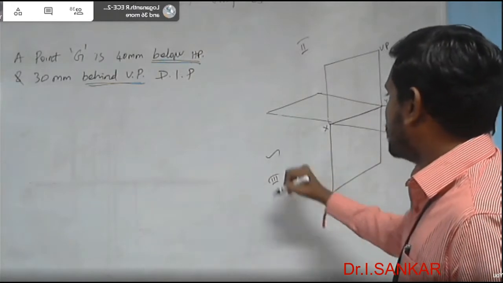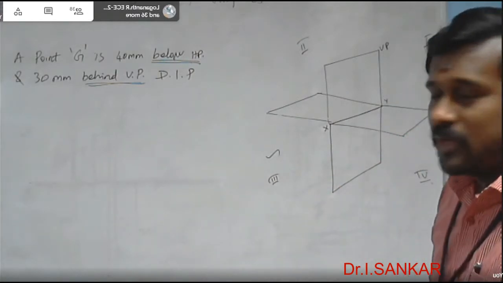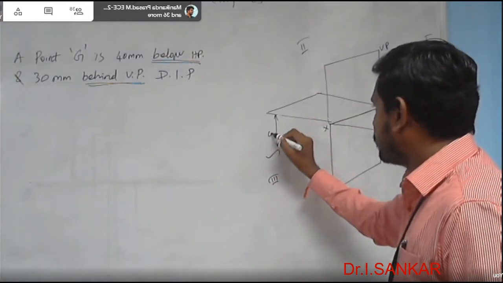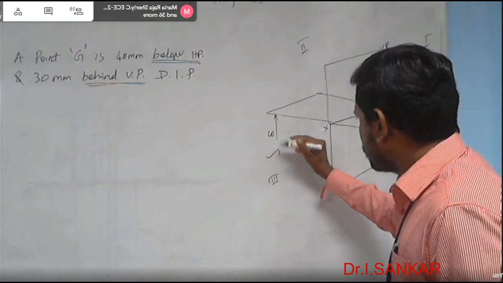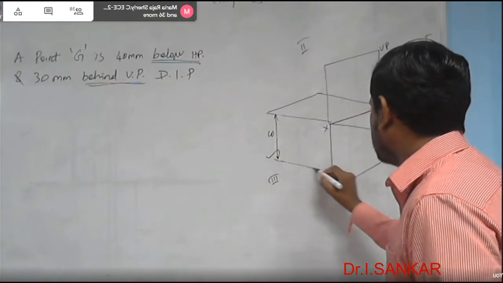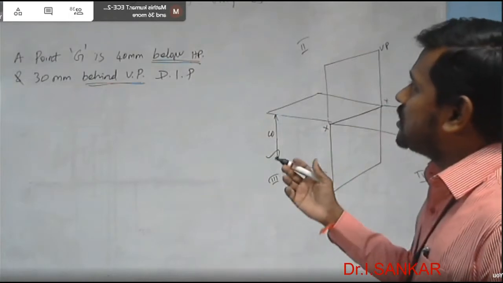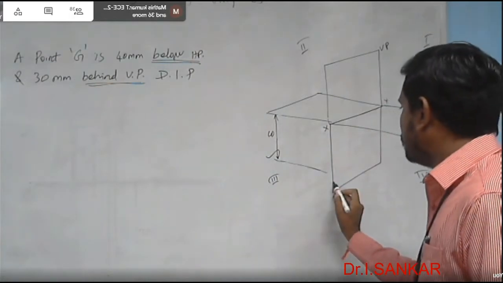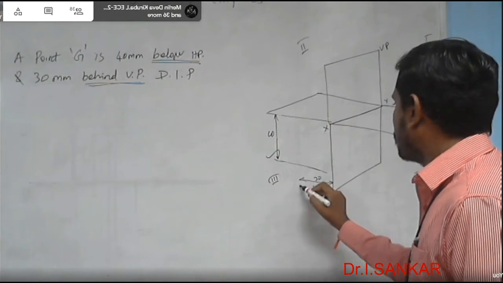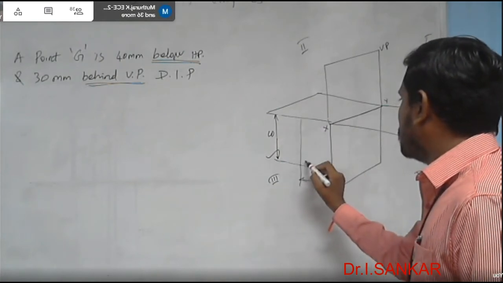It is in the third quadrant, not in first, second or fourth. Right. How much below? 40 mm below. And how much behind VP? 30 mm behind VP. The point may be here.